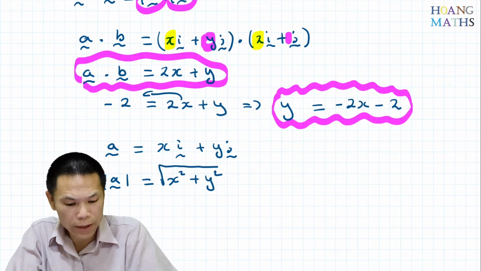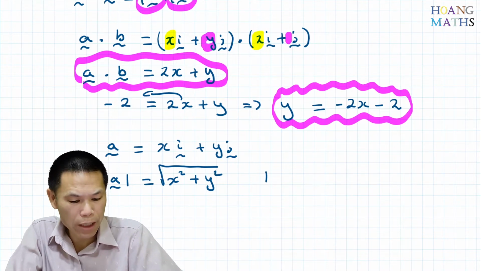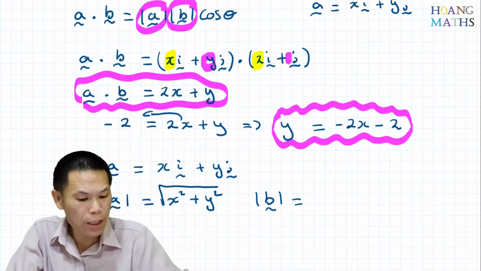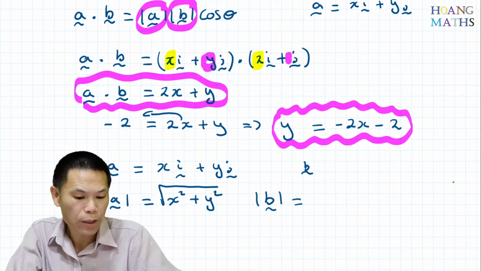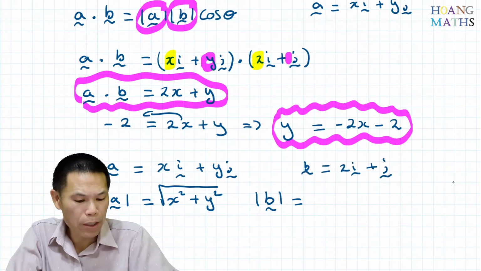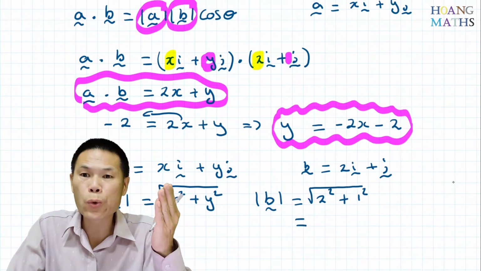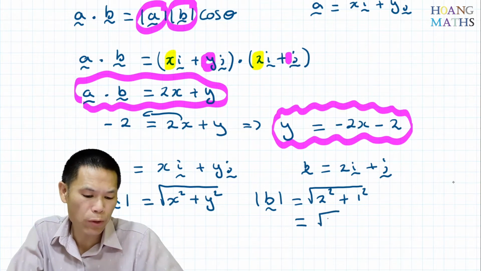Then now we need to find the magnitude of B. B is equal to 2i plus j. So that means the square root of 2 squared plus 1 squared. 2 squared is 4, 4 plus 1 is 5. So the magnitude of B is square root of 5.